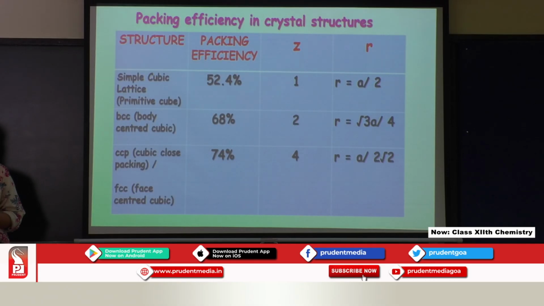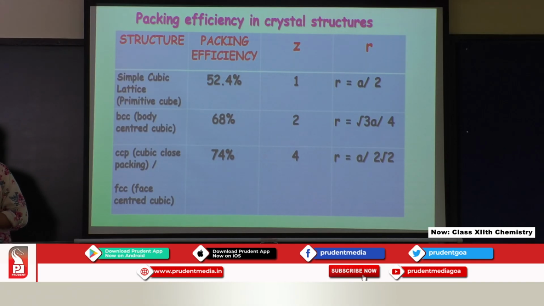This is a table which summarizes the packing efficiency in crystal structures. If you notice, among simple cubic, BCC and CCP or FCC lattice, the most efficient packing efficiency is seen in case of CCP lattice, which is also called FCC arrangement. It comes to a value of 74%. The least packing efficiency is seen in a simple or primitive cubic lattice.